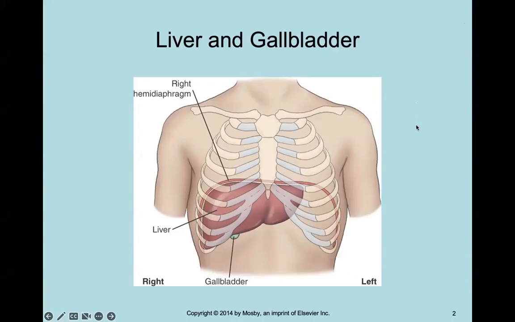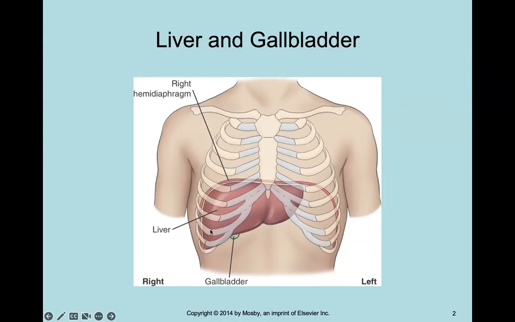All right, so we're going to start with the biliary system. We have the liver and the gallbladder, which is going to be behind the liver. Now, the liver occupies the majority of the upper right quadrant of the abdomen, right under the diaphragm, as you can see.